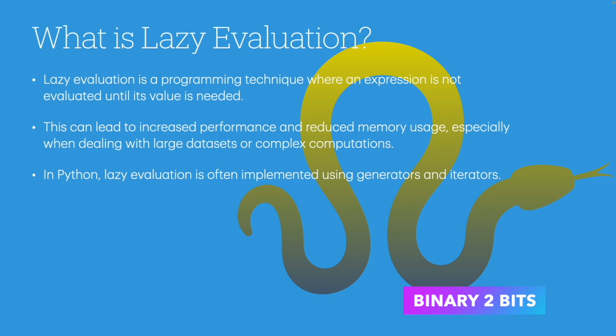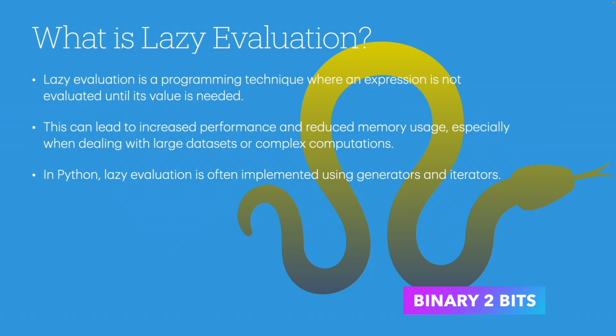Suppose we define some statements and we do not need the actual value at that time. That memory can be used somewhere else, and when we actually require the value, the statement will be evaluated.